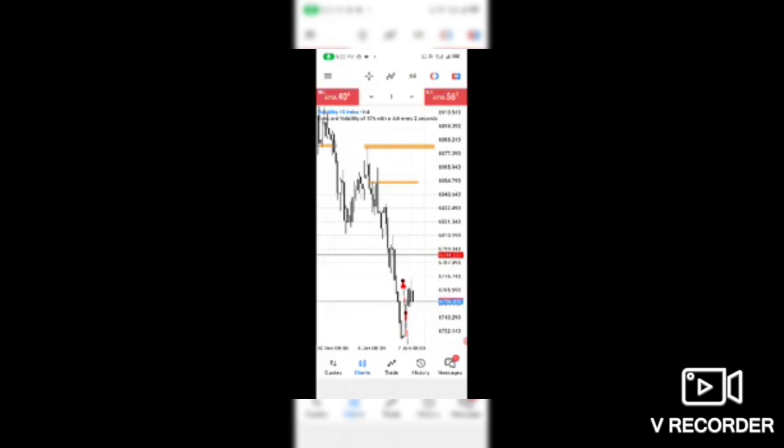And that is how the market plays. If the market wants to move to a particular destination, it will move over a long distance, generating a huge amount of pips.